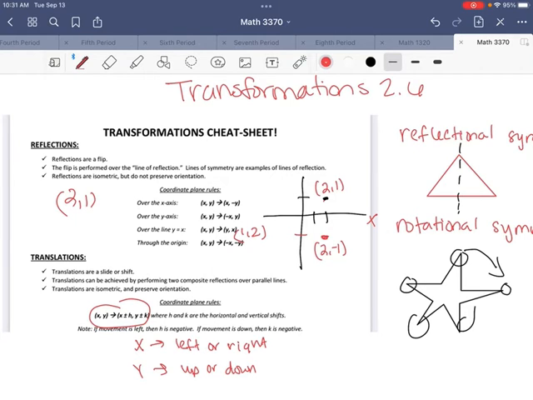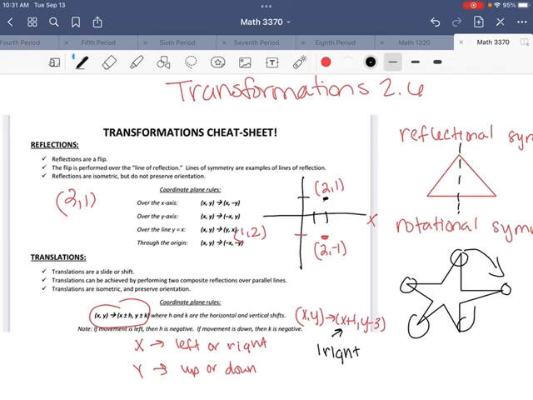So if I have the point x, y, and I want to shift it x plus 1, y minus 3, and if I was to ask you what direction is that moving in? Well, the plus 1 on the x is a left or right shift. This is plus 1, that would be right. So it would be moving 1 right.